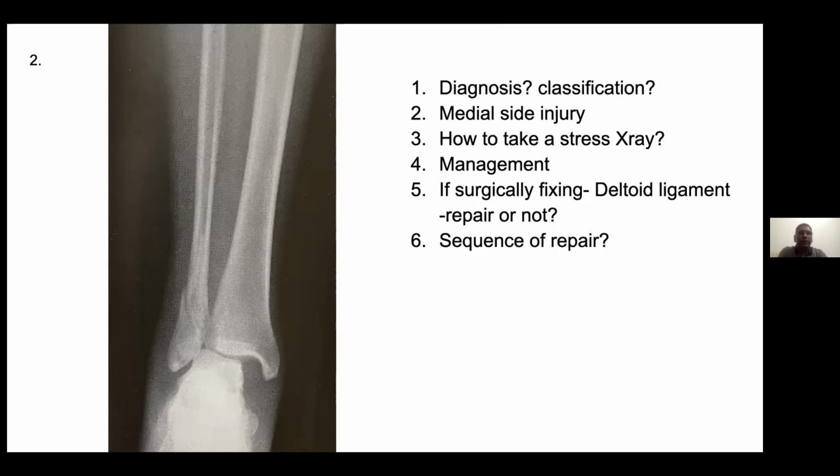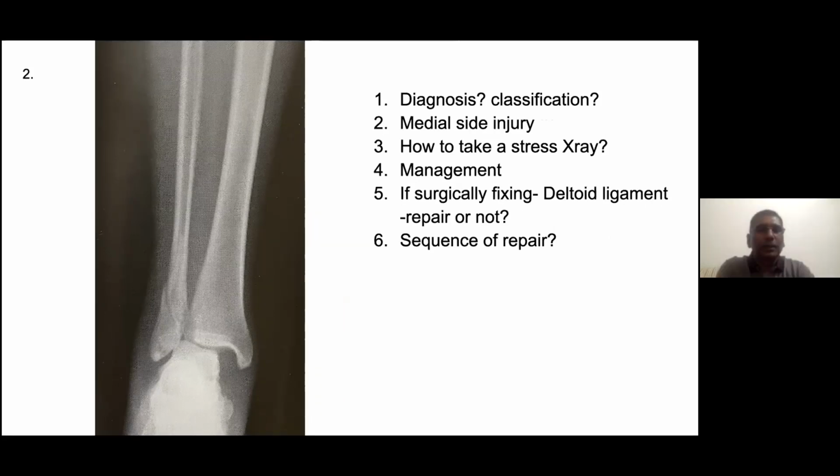Can you comment on the position of the talus? Talus is subluxated, sir, due to deltoid ligament injury. Okay, so there is some translation of the talus, pushing the lateral malleolus towards the lateral side with widening of the medial joint space.